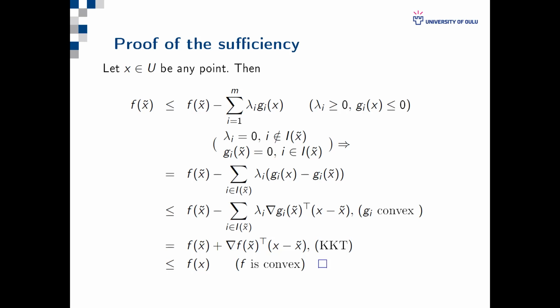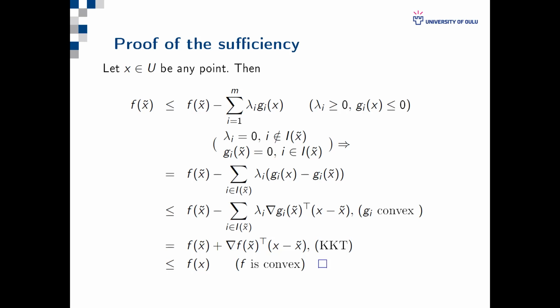This minus the sum here is actually the same as the gradient of f at x tilde, because I assume that x tilde is a point which satisfies the Karush-Kuhn-Tucker conditions. So we have this condition. So f(x tilde) is less than f(x tilde) plus the gradient of f at x tilde scalar product with x minus x tilde.